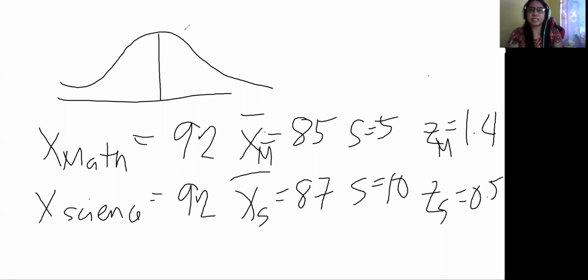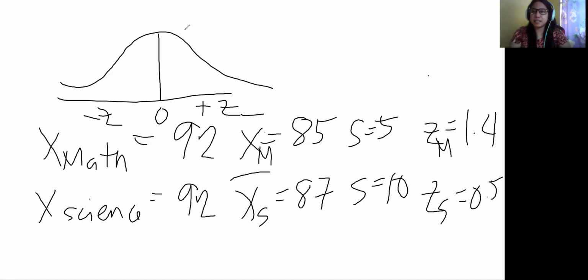Another characteristic of our normal curve is where the positive z-score is located and where the negative z-score is located. On the right side, the z-score is positive, while on the left side, the z-score is negative. Our z-score at the center is equal to 0.